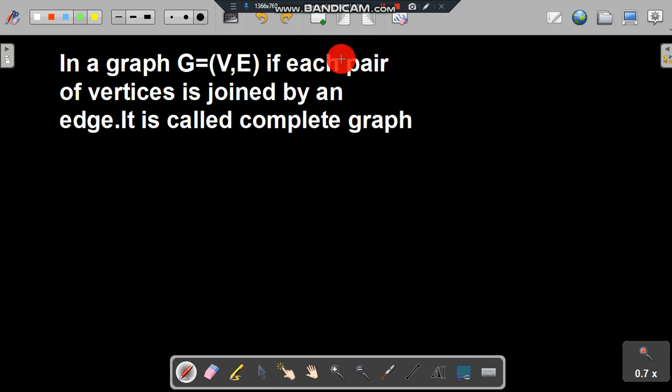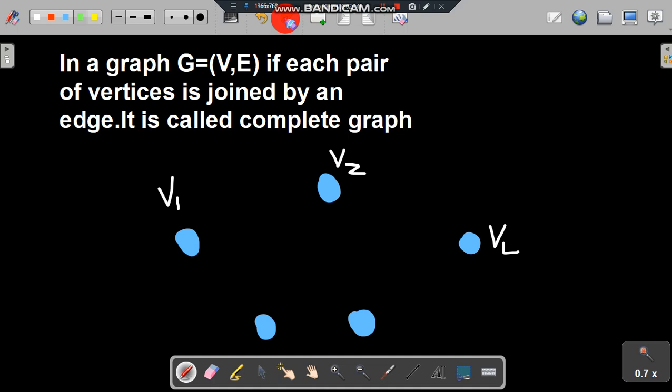This is one vertex, this is another vertex, this is the third vertex, fourth vertex, fifth vertex. I am calling them V1, V2, V4, V5 and V6.